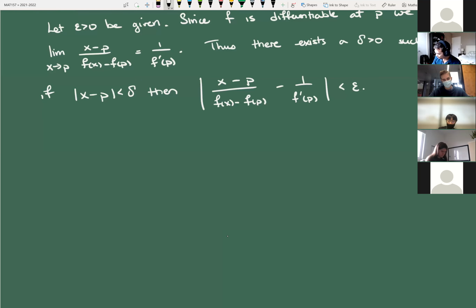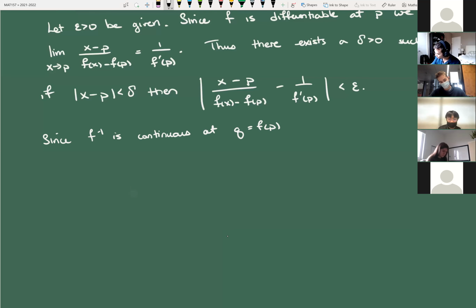So since f inverse is continuous at, let's give it a name, q equal to f of p. Okay, I just don't want to say f inverse is continuous at f of p. Let's call it q.